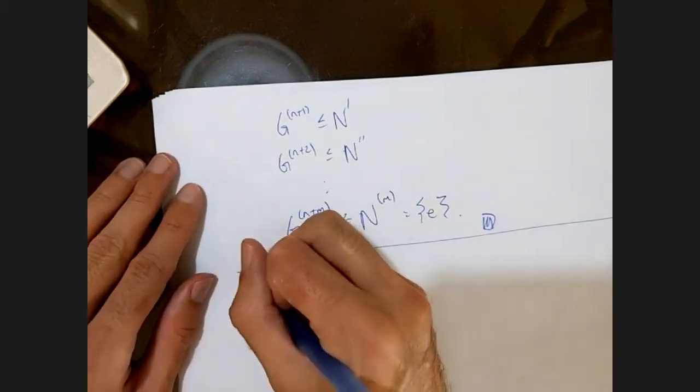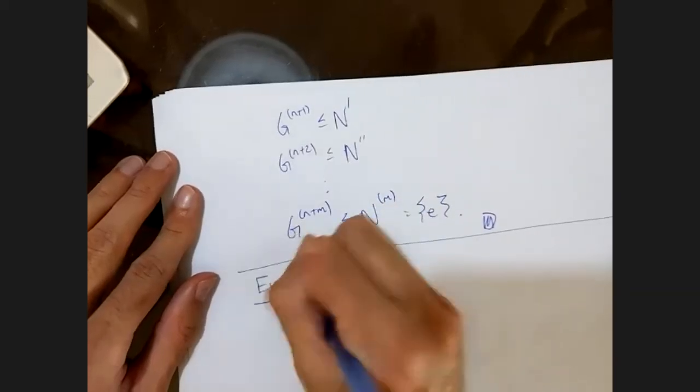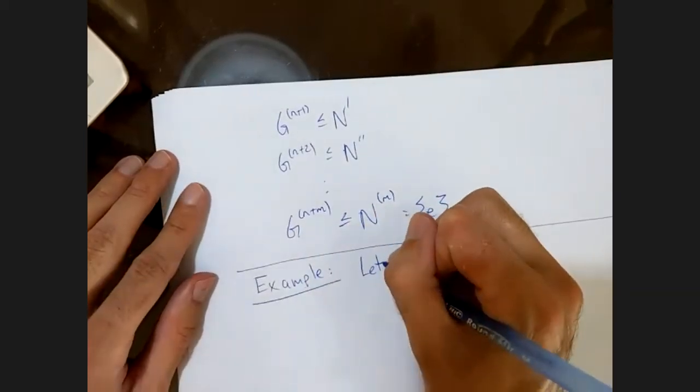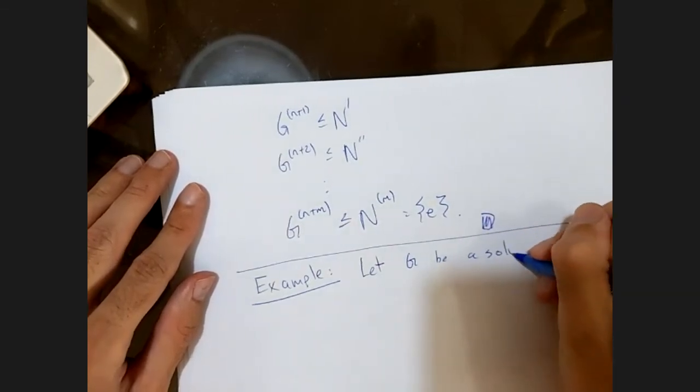So just as an example, let G be a solvable group.